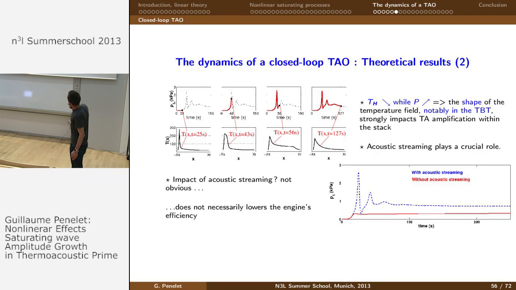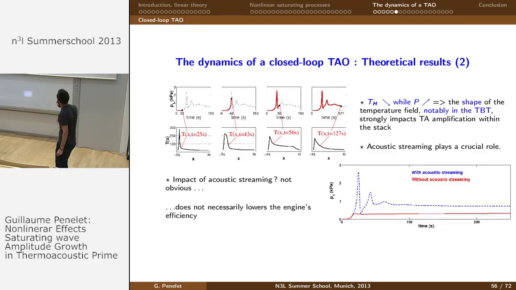But we can also see the effect of the convection, the acoustic streaming, which changes the shape of the temperature field. And the shape of the temperature field in this part, in the thermal buffer tube, will act as a mixer of counter-propagating waves, and this will change the pressure, the velocity, and the phase shift between pressure and velocity within the stack.